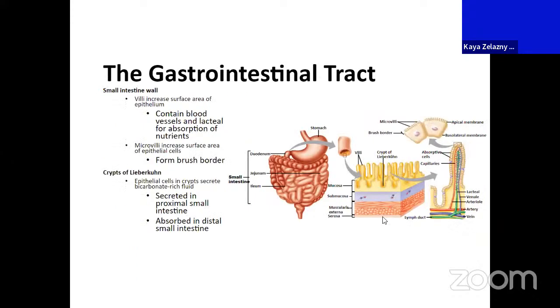So if we look at the small intestine specifically and its wall, it's going to look slightly modified from our generalized GI cross-section. Right, so we still have mucosa, submucosa, muscularis externa, and serosa, right? So the 4 main layers are still the same.